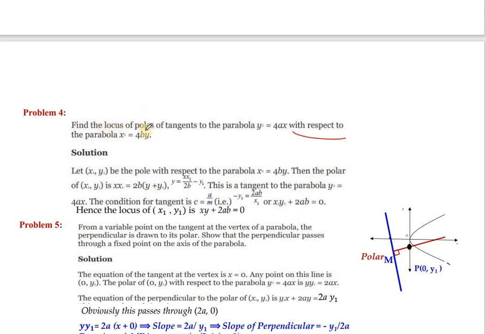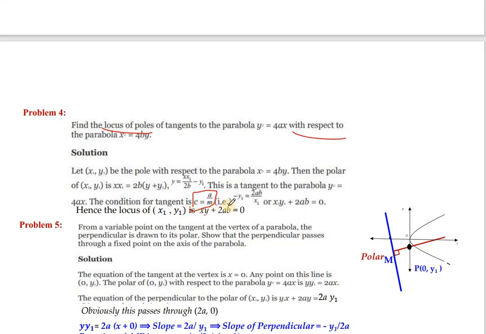Locus of poles means you take (x1, y1) to be the pole, and with respect to this parabola write the polar: x1 x = 2b(y + y1). Rewrite that in the form y = mx + c, from which you get c and m. We want this to be tangent to y squared = 4ax, and the condition is c = a/m.